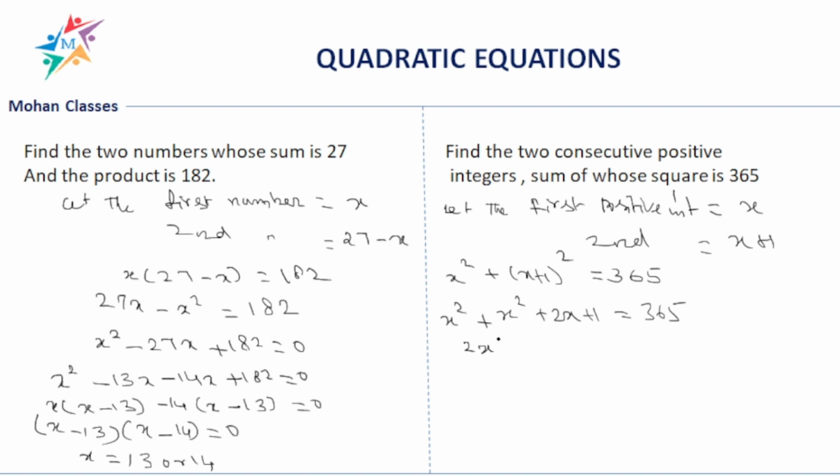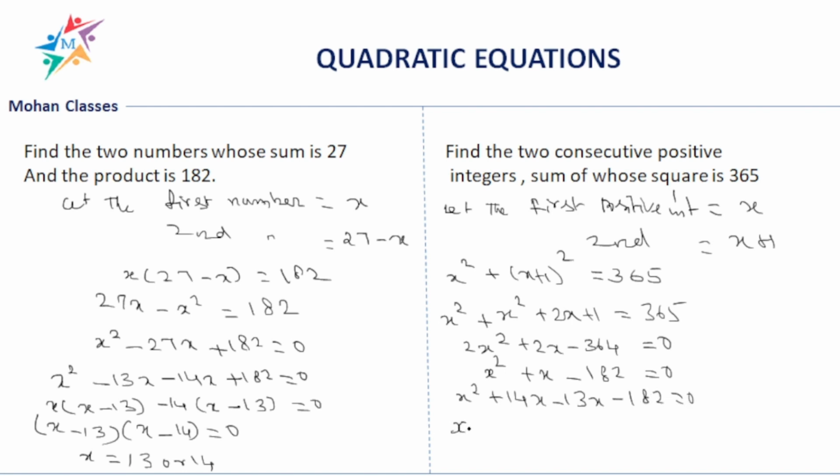That means 2x² + 2x, and this 365 will come as minus 365. Minus 365 plus 1 we will get -364 = 0. Now I am going to divide everything by 2, because 2x², 2x and 364 are all even numbers. x² + x - 182 = 0. Here again we are getting the product 182. So we can split it as x² + 14x - 13x - 182 = 0.